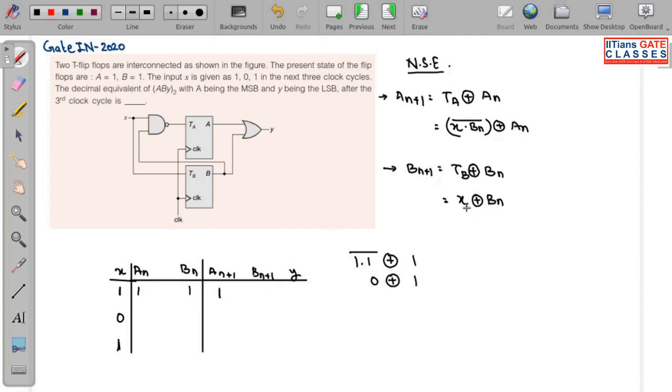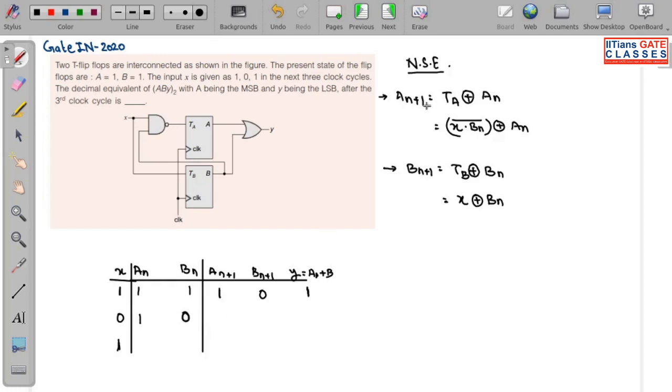And B(n+1) is X XOR Bn. Both of them are the same, so it will be 0. And Y is the OR of A and B. So 1 plus 0 is 1. So what is your next state? The present state now will be 1 0.